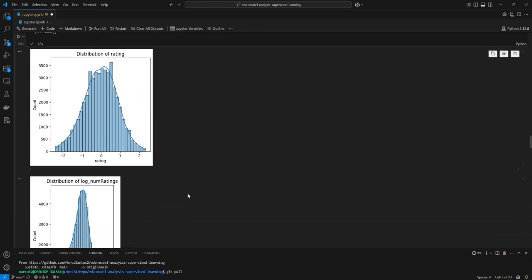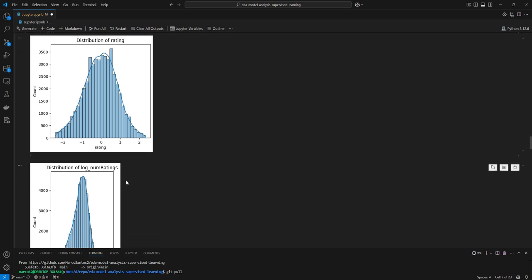So this is what IQR is doing for us here, and also a log transformation. It is helping us visualize this better. Just imagine ratings, for example.